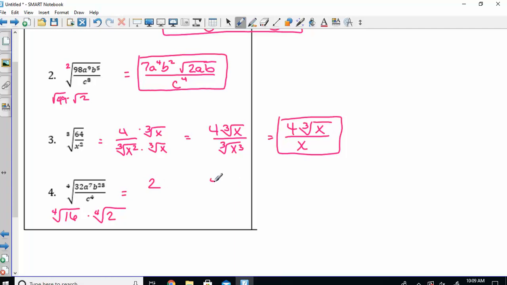So the 4th root of 16 is 2. And then we still have a 2 left underneath. If you have 7 a's, how many groups of 4 can we form? One group of 4 with 3 left over, right?